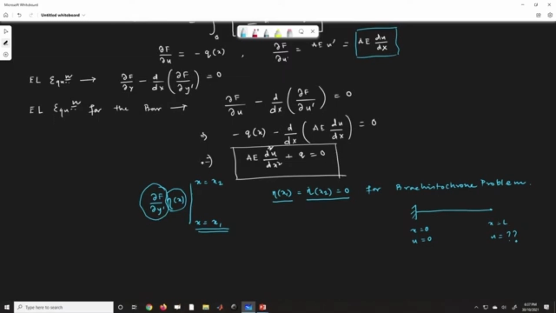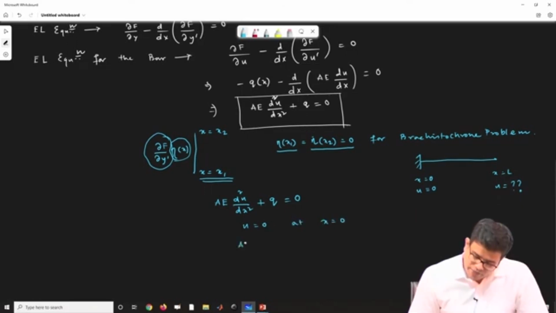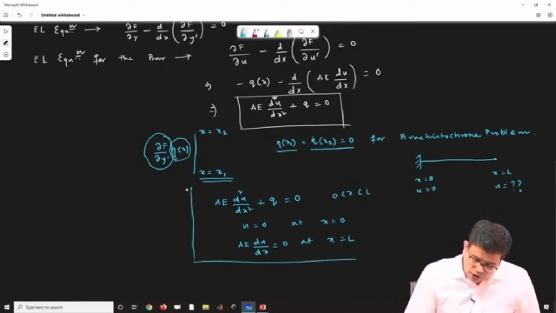So what will be the complete differential equation for the bar problem? The complete differential equation will be AE d2u dx2 plus q equals 0, with u equals 0 at x equals 0 and AE du dx equals 0 at x equals L, for all x from 0 to L. This is the complete differential equation, or the Euler-Lagrange equation.